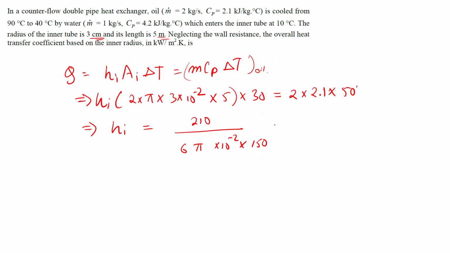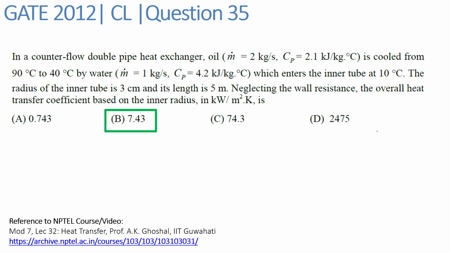So you can equate this and we will get the value of Hi is 7.43. The units will be kilowatt per meter square Kelvin. So the final answer from the given options, we will select it as 7.43 kilowatt per meter square Kelvin, that is option B.